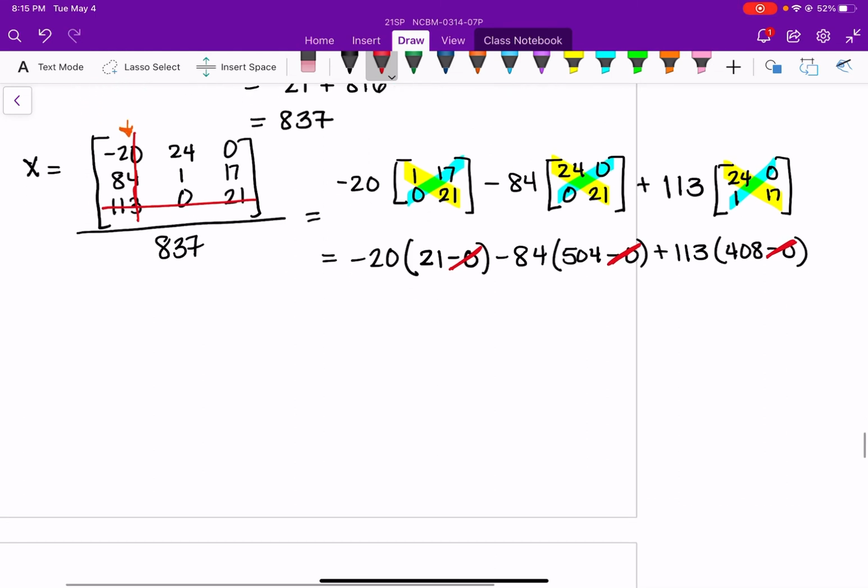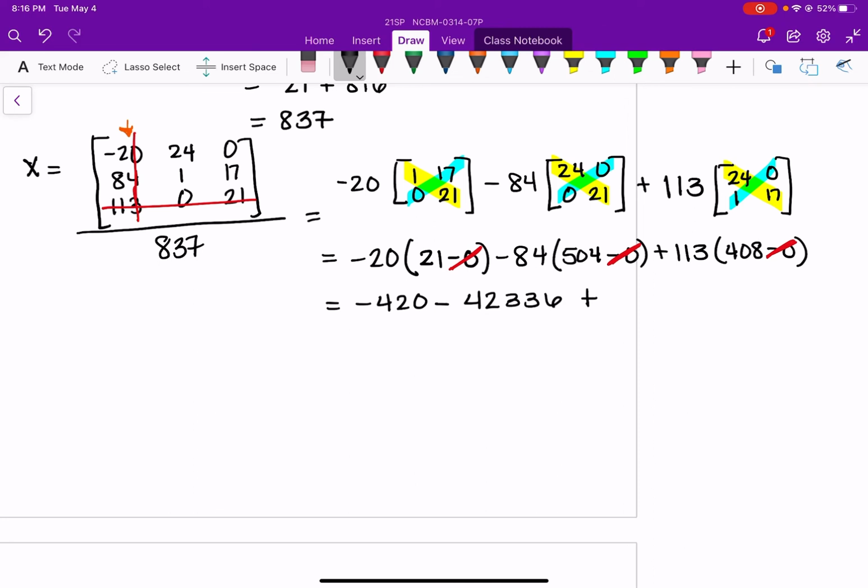They're not adding or subtracting anything from our number on the inside. So now we just need to do these multiplications. So we've got negative 20 times 21. That's going to give us negative 420. We have negative 84 times 504. That is going to give us negative 42,336.